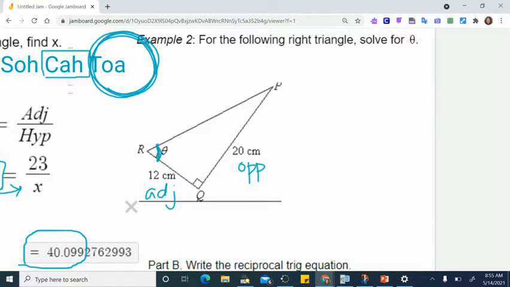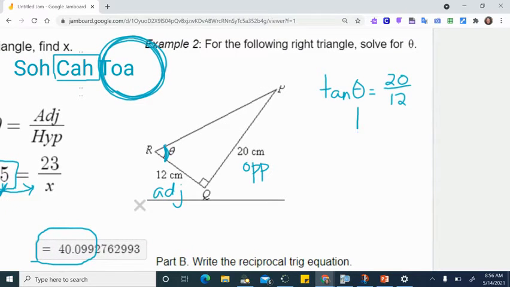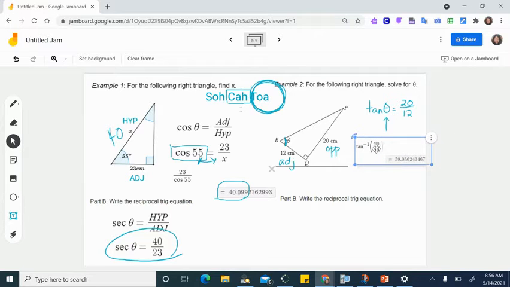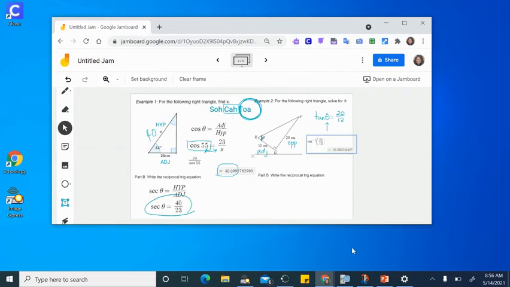So tangent of our missing angle, call that theta, is opposite over adjacent. Then to actually solve for an angle, remember, we use the calculator's second button or the inverse button. I'll show you on Desmos how to do that. Let me open that up.